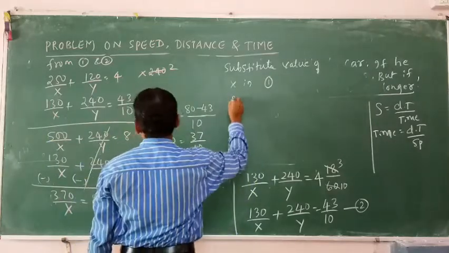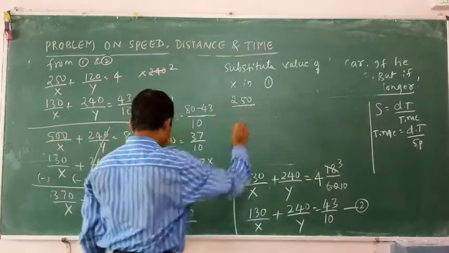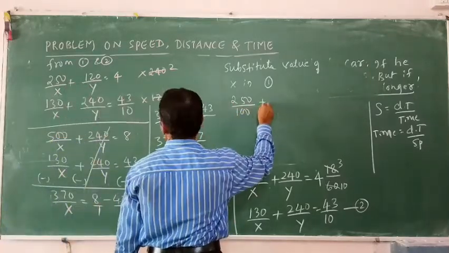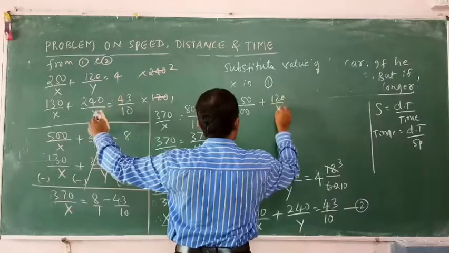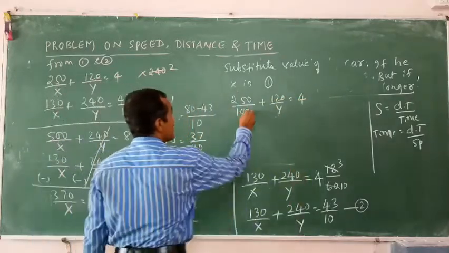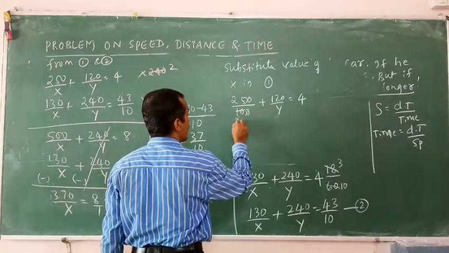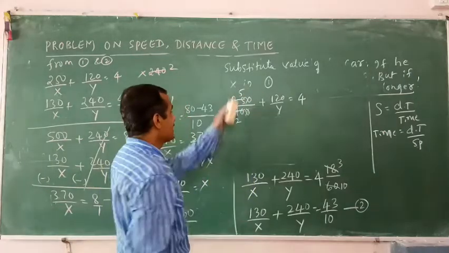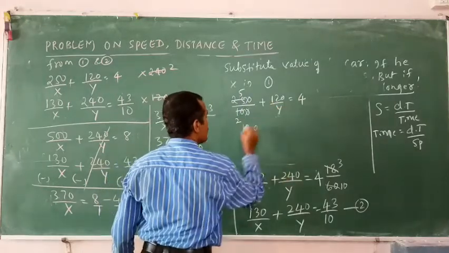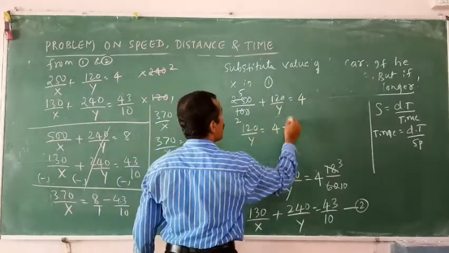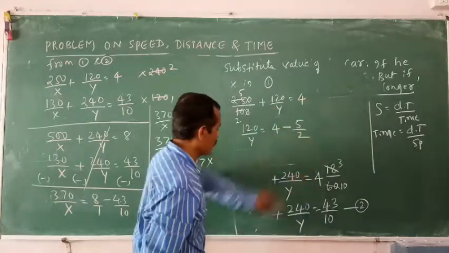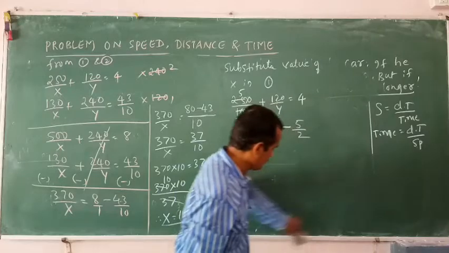It is 250 by x, x means 100, plus 120 by y is equal to 4. This gets cancelled: 50 twos are 100, so it is 5 by 2. 120 by y is equal to 4 minus 5 by 2.